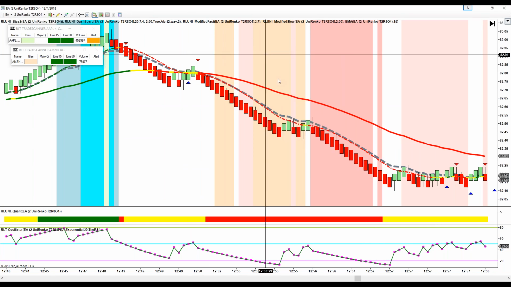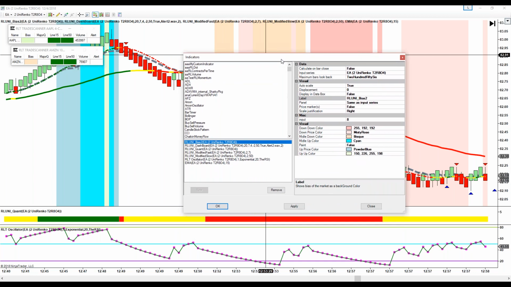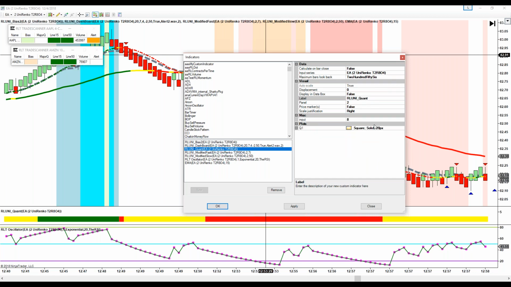Here's where you get the configurability, which we've never done before and which we've just added. There's an input of 8 for the bias, and there's an input of 8 for the quant. Every time you increase the Renko size, you increase this number by 1 fib.